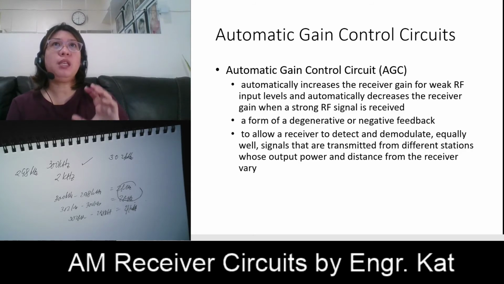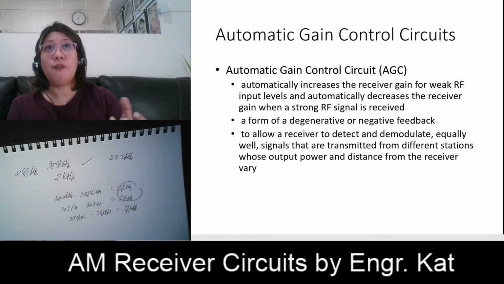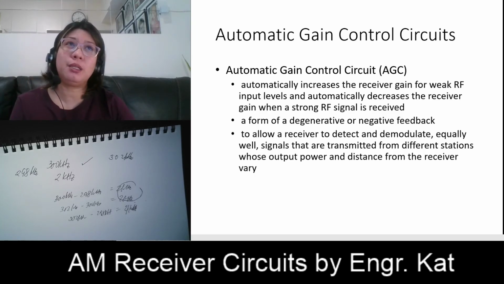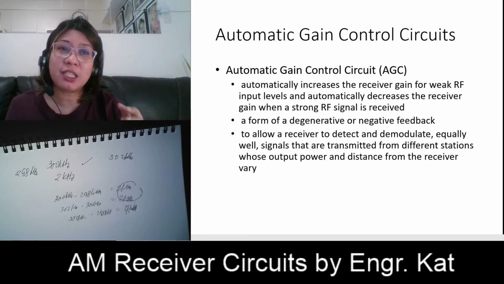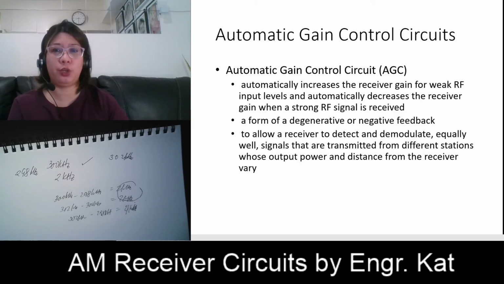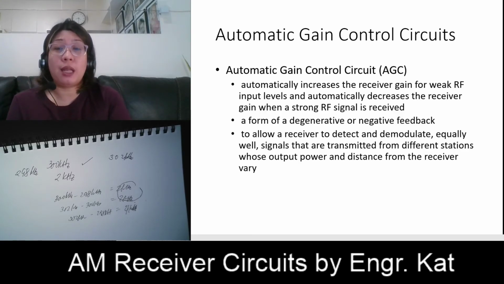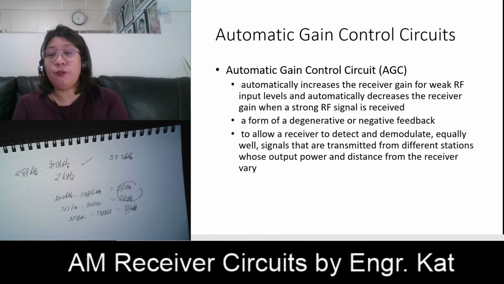So this is a compensating circuit for weak signals that cannot be detected, or for strong signals that can saturate your amplifier circuits. Automatic gain control is a form of degenerative or negative feedback, but do not confuse it with automatic volume control.